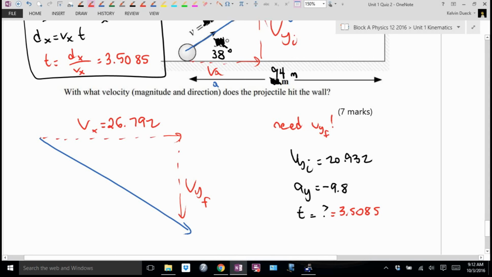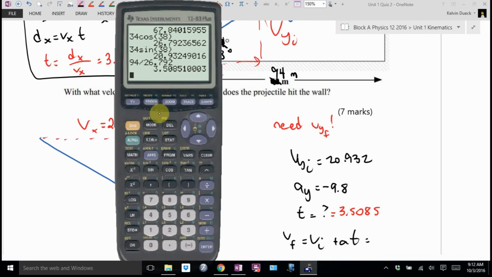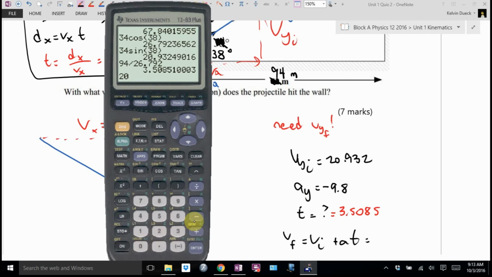3.5085. Because now I can go V final equals V initial plus at. I can go V final equals V initial plus a times, I'm going to use my answer button. Is this on its way up or on its way down when it hits the wall?